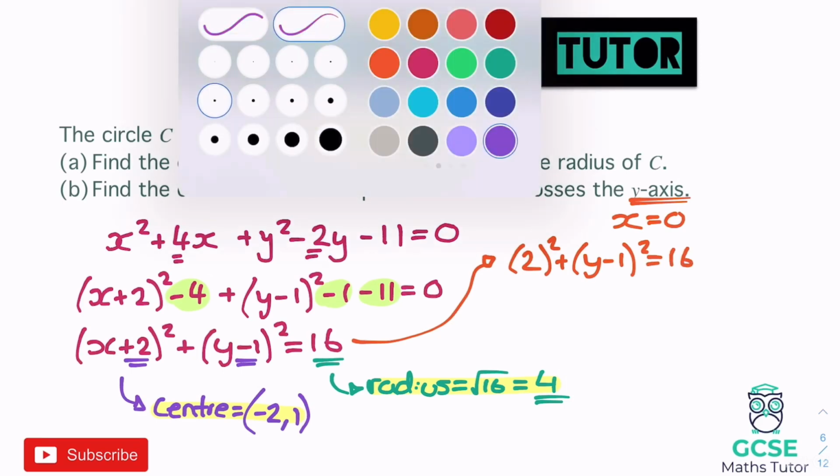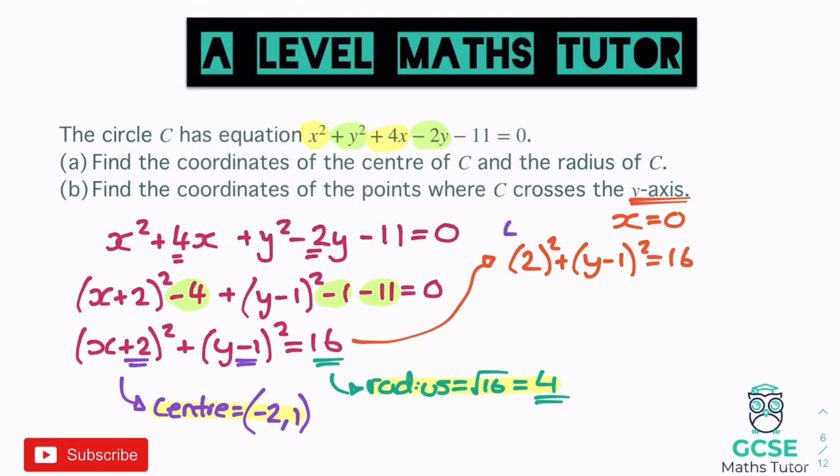So let's just solve this. 2 squared is 4. And if we take that away from both sides, we get y minus 1 in brackets squared equals 12. We can square root both sides, so we get y minus 1 equals plus and minus the square root of 12. And then add the other one over to the other side.